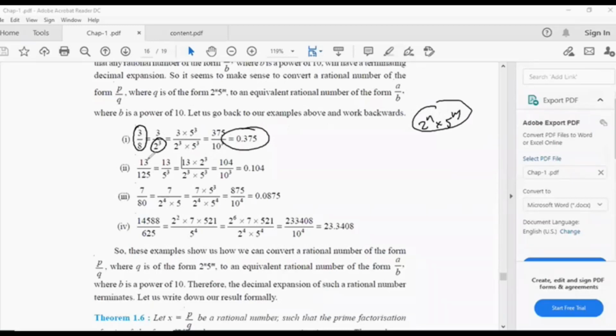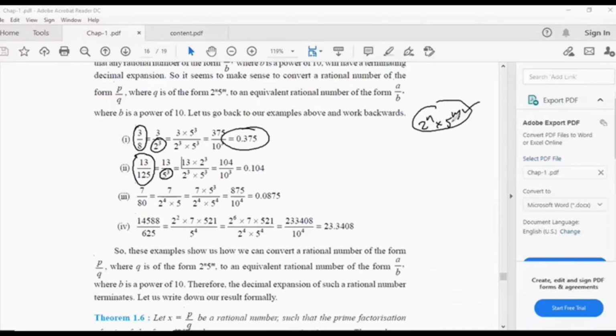Now we take another example, 13 by 125. 125 is the denominator q, and it can be expressed in the form 5 cube. 5 cube is 125, we know: 5 into 5 into 5 is 125. That means the denominator of this rational number 13 by 125 can be expressed in the form 2 raised to n into 5 raised to m, where n is 0.